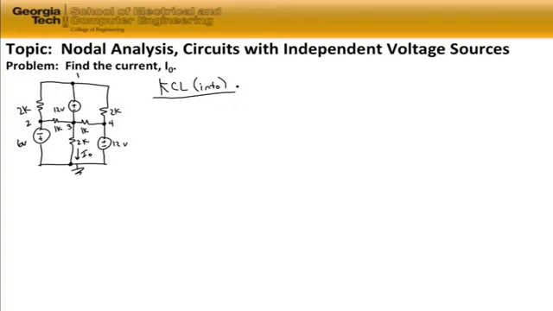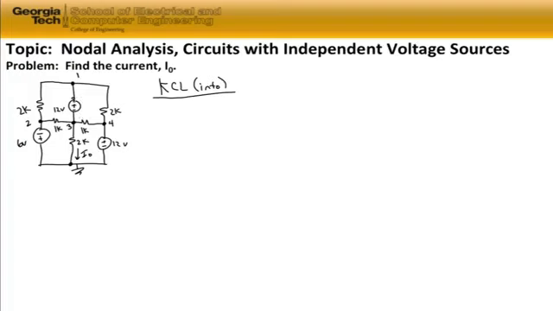So the first thing we're going to do is look at node 1. And we see that the top node has 3 currents flowing into it. We have current flowing through the 2 kilo ohm resistor on the left-hand side. We have current flowing through the 2 kilo ohm on the right-hand side. And we have current flowing up through the 12-volt source.